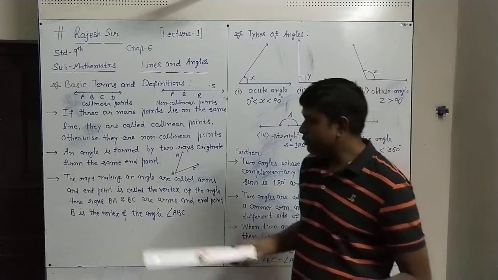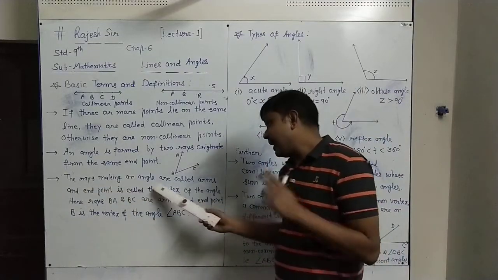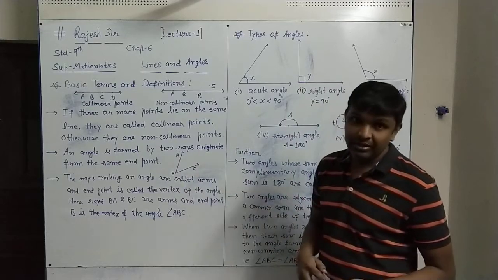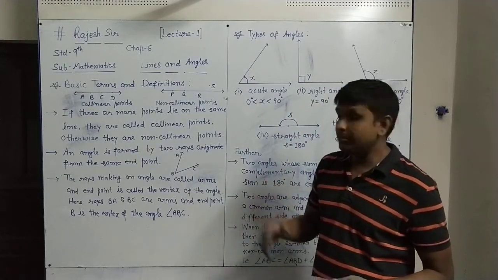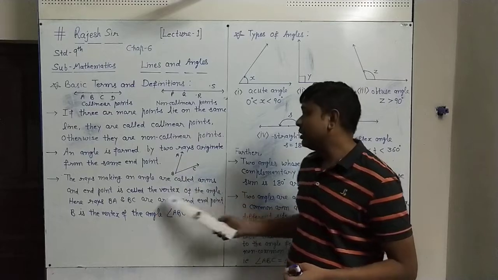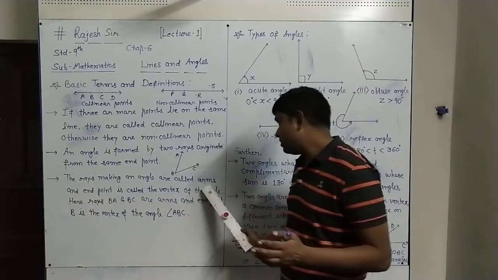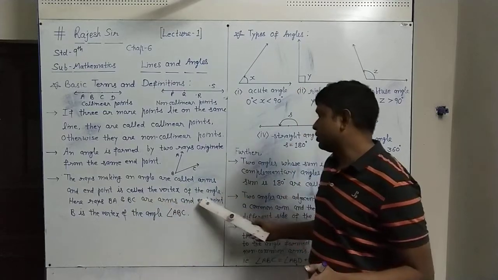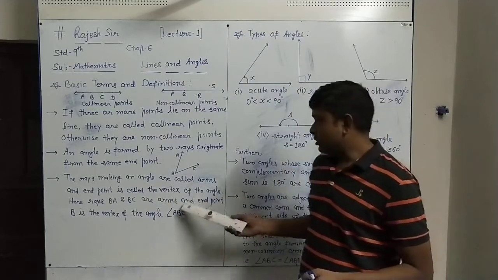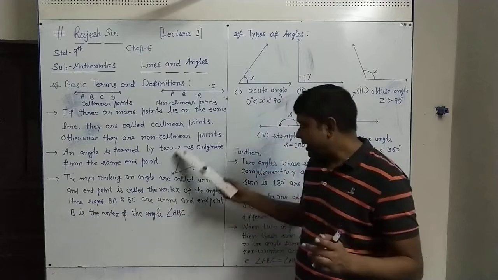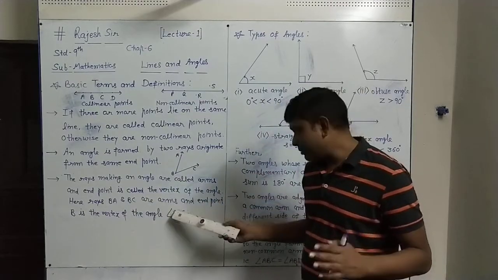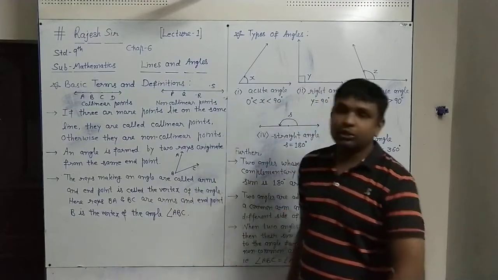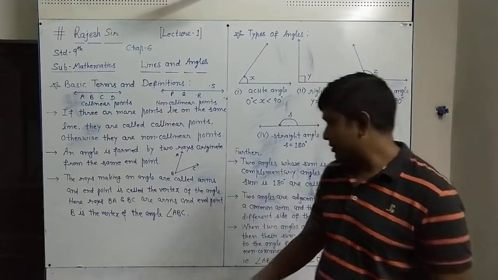More precisely, the rays making an angle are called arms. These rays BA and BC are forming the angle, so rays BA and BC are called arms, and the endpoint, that is B, is called the vertex of the angle. So here rays BA and BC are arms and endpoint B is the vertex of angle ABC.